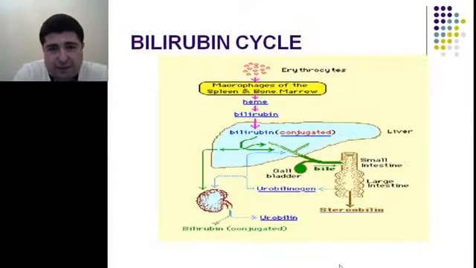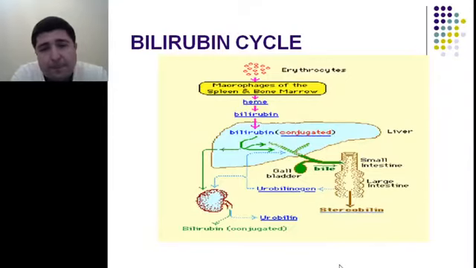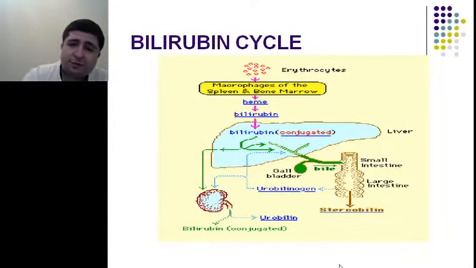On this picture you can see the bilirubin cycle. It involves macrophages of the spleen and bone marrow. Heme becomes bilirubin, which is conjugated. All these processes take place in the liver, forming bile, and bile goes to the gallbladder and, as I told, to the duodenum.